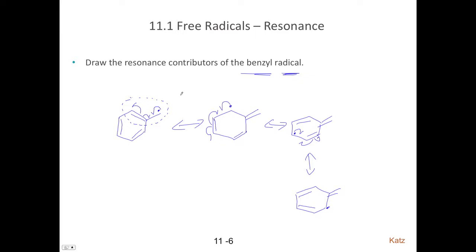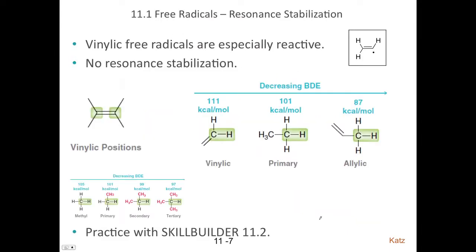The same way this is a benzylic radical, but it's really just a bunch of allylic radicals. See that? These are all allylic resonances, really. Every one of these pushes is an allylic resonance. That's why they're so wonderfully stable. So that's something to know. That's why it's so stable.